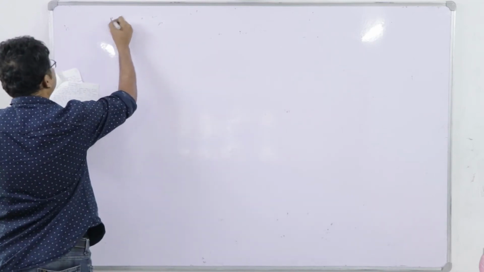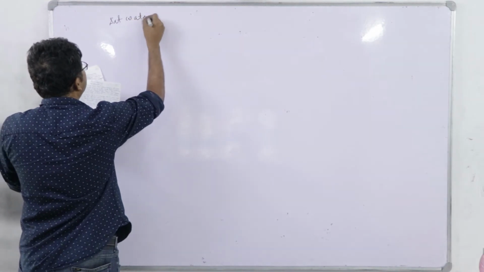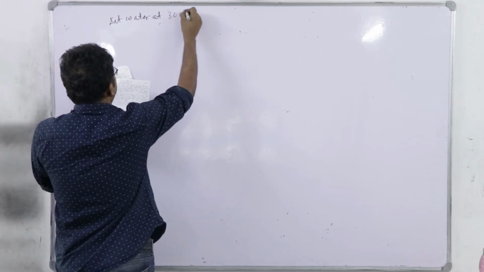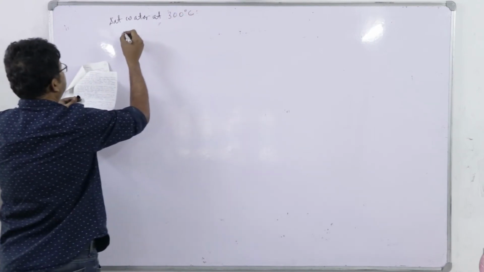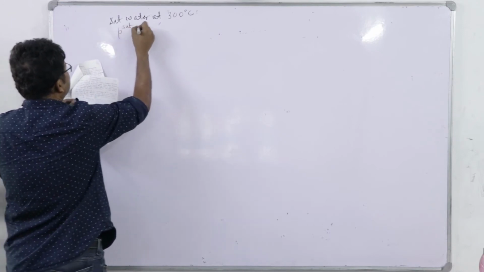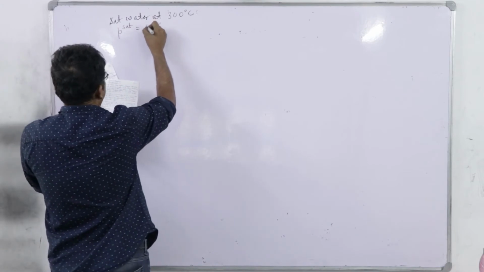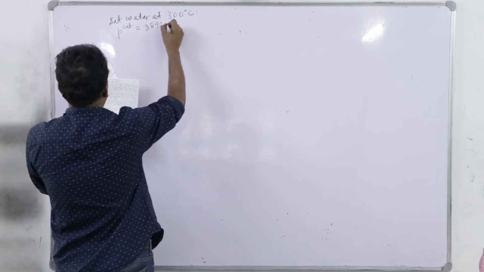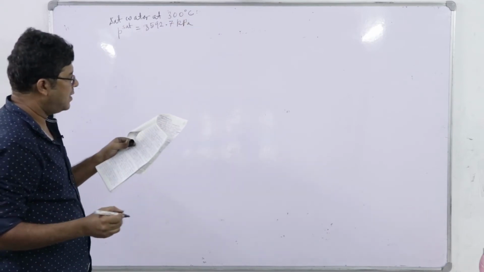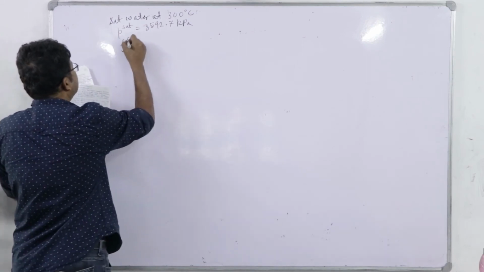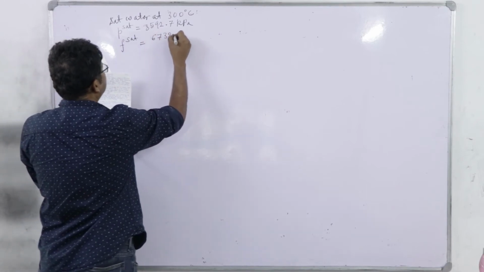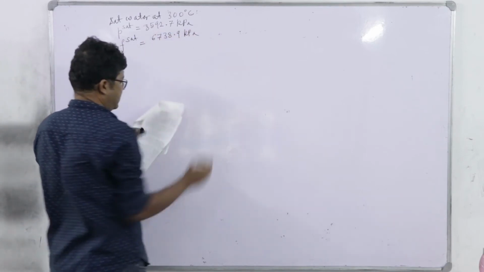This is not a gate problem. Saturated water at 300 degree Celsius has a vapor pressure Psat as 8592.7 kilopascal, and the saturation fugacity is 6738.9 kilopascal.